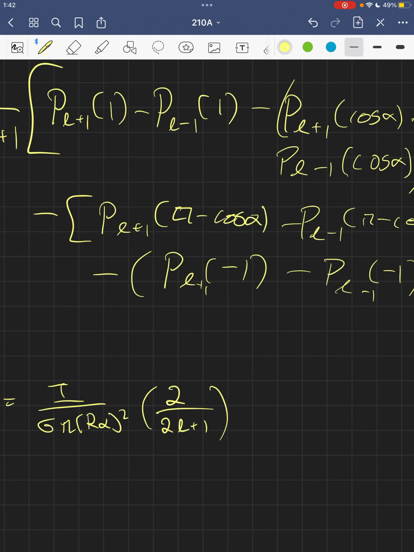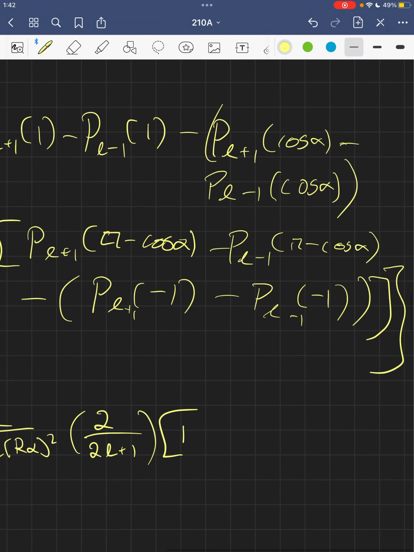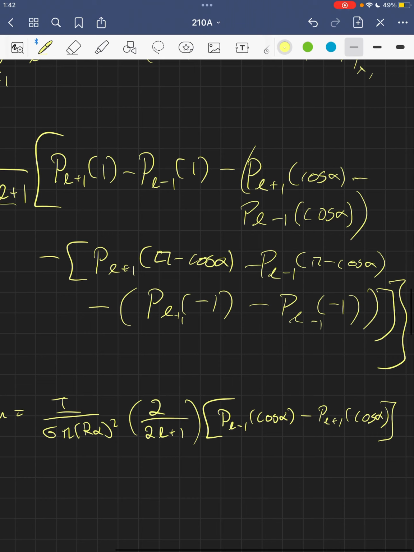So after you apply that condition for the negative value inside, you're going to get a 2 out on top. Again, we already had the 2L plus 1 up here. And you're going to have PL minus 1 cosine alpha minus PL plus 1 cosine alpha. Again, this is if L is odd.